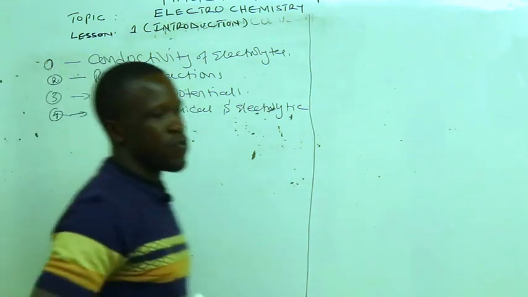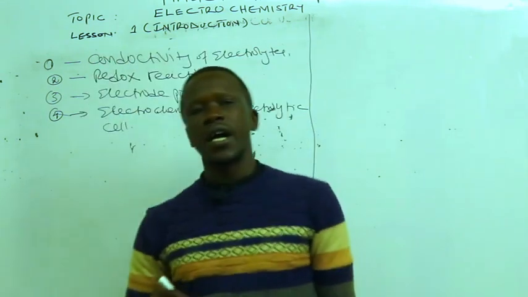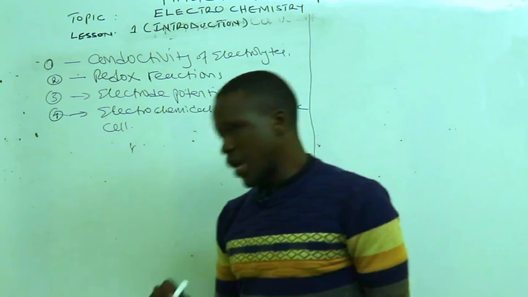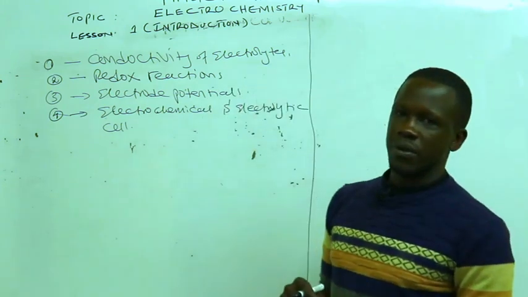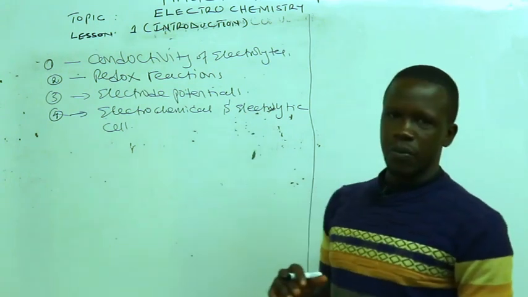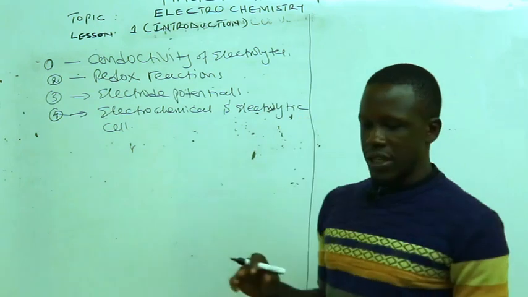While looking at electrochemical cells, we shall have to understand how we construct electrochemical cells. What are electrochemical cells? How are they different from electrolytic cells?